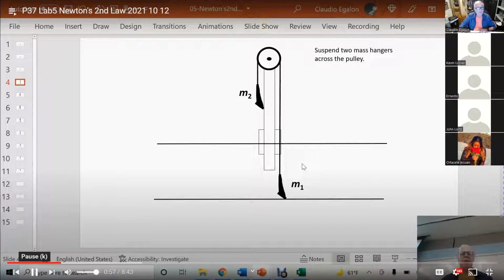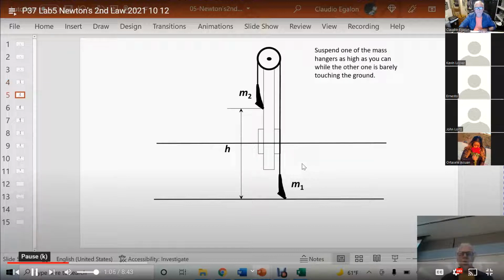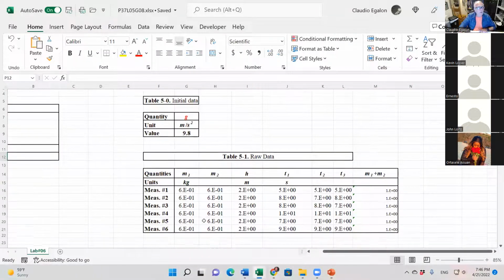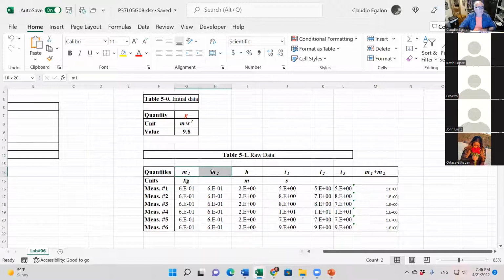Okay, so here you go. I'm going to pass the string through the pulley. One of the mass hangers is going to be at a given height h. We already have some information here, M1 and M2, right? Let's take a look at M1 and M2 in the table.